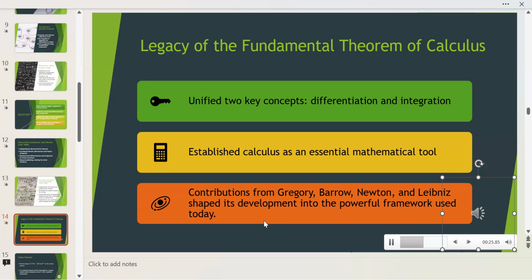This connection allowed mathematicians to compute the area under a curve efficiently by evaluating the antiderivative at the interval endpoints. And in essence, it introduced the idea that integrals and derivatives are interconnected processes, forming the mathematical backbone for multivariable calculus. Thank you.